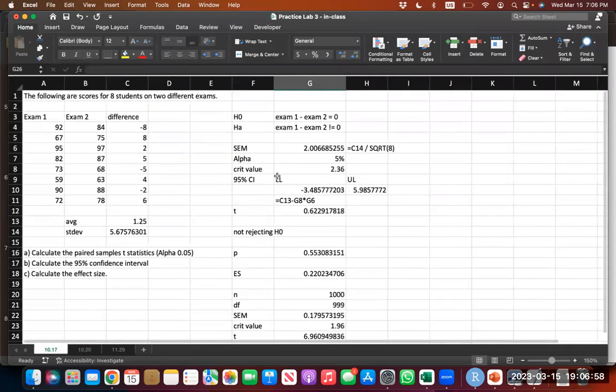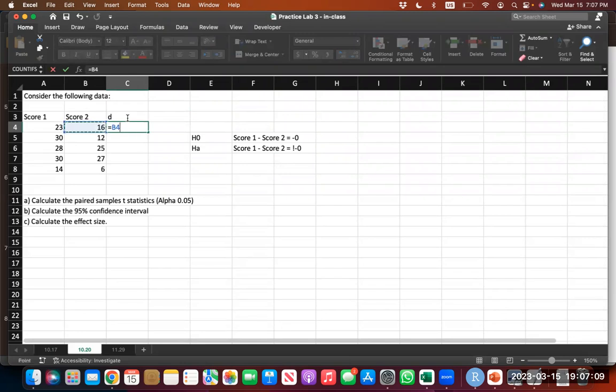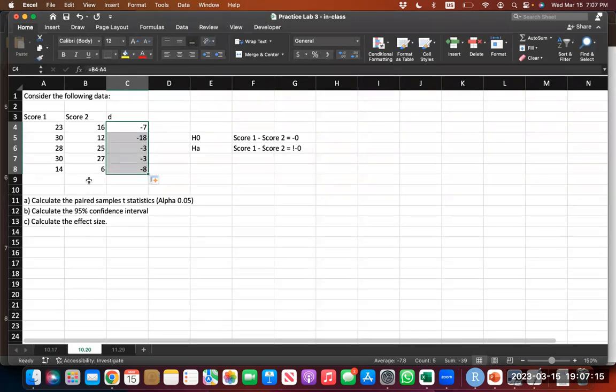We can now continue to calculate the standard error of the mean, which is here the difference. This is now this minus this. And we can calculate average and standard deviation.